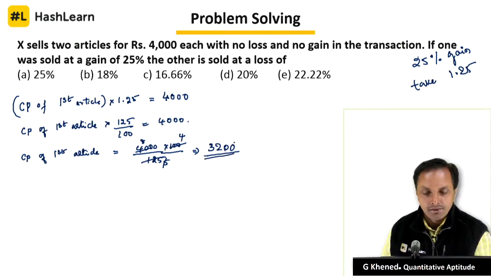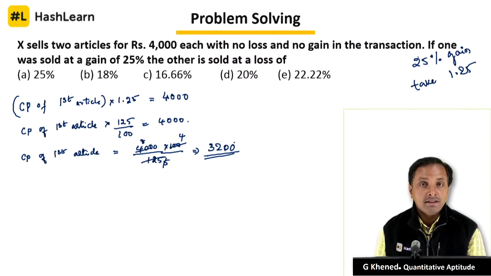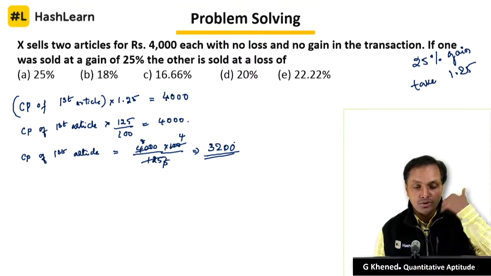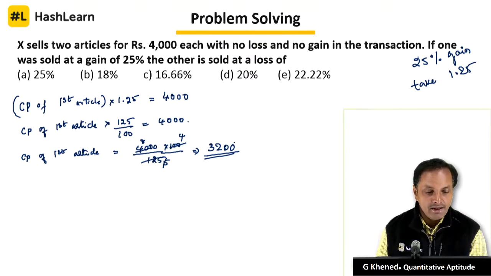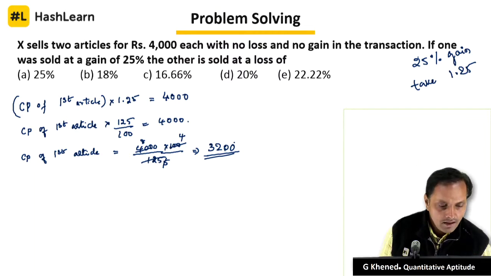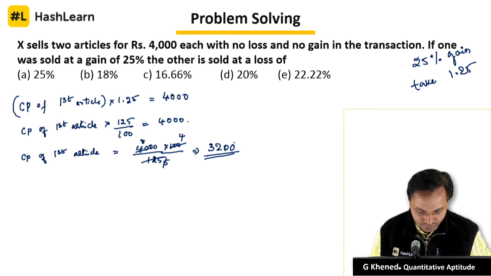So this is going to give you 3,200 rupees. Okay, so make a note here, the cost price of the first article is 3,200 rupees. So this has been sold at 25% gain, which is nothing but 4,000.